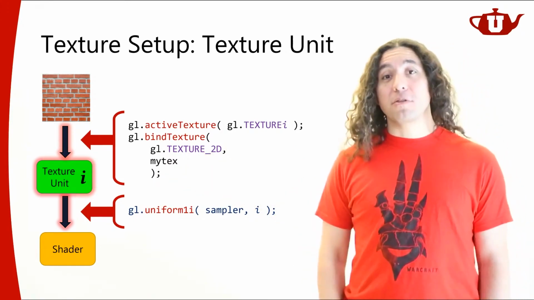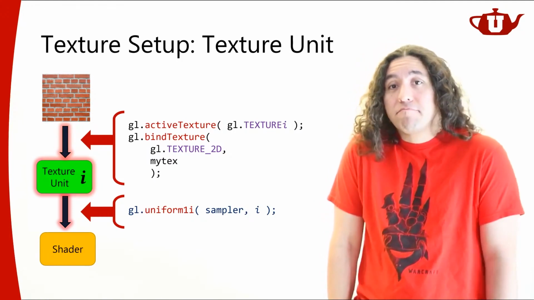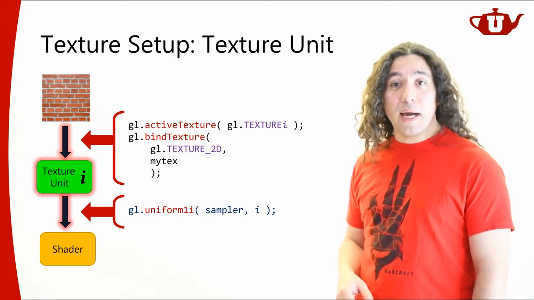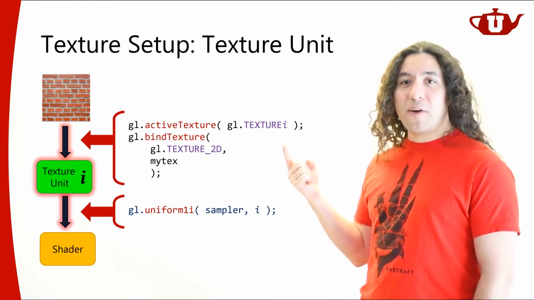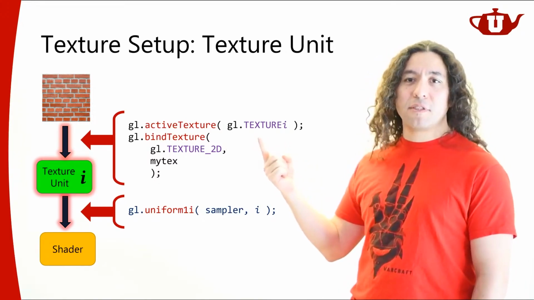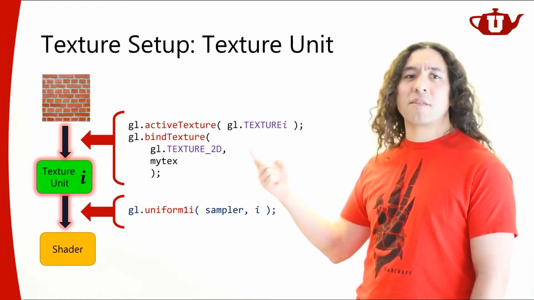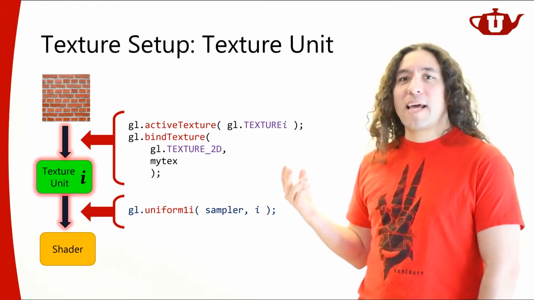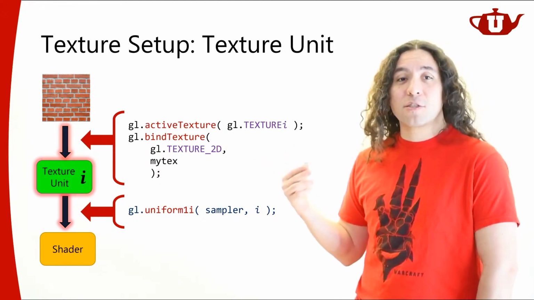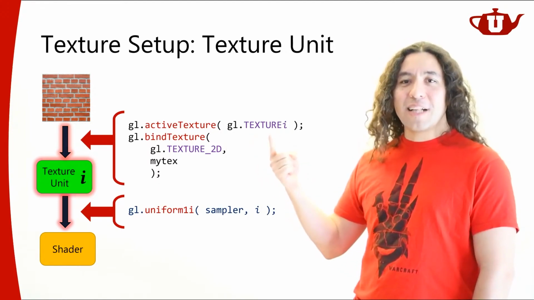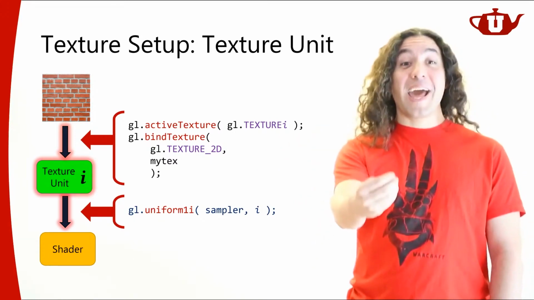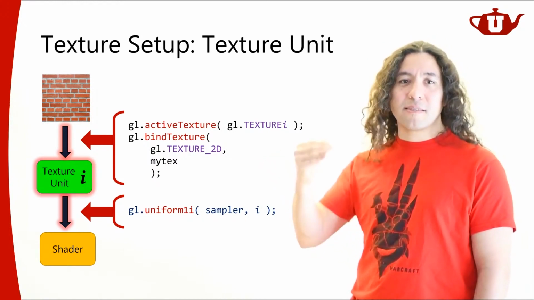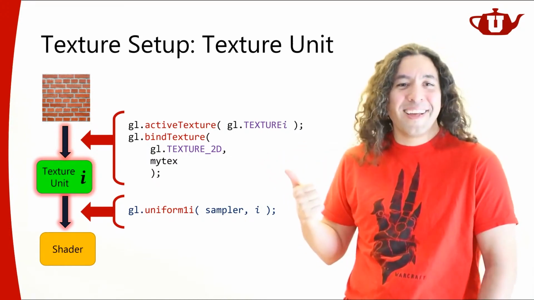Well, this is going to depend on your GPU. How many units is supported by your GPU? WebGL actually defines a number of these. I have texture 0, texture 1, texture 2, texture 3, whatever. But you can always access texture unit n by saying GL texture 0 plus n. All right, so these are actually some constants. They're actually integers.